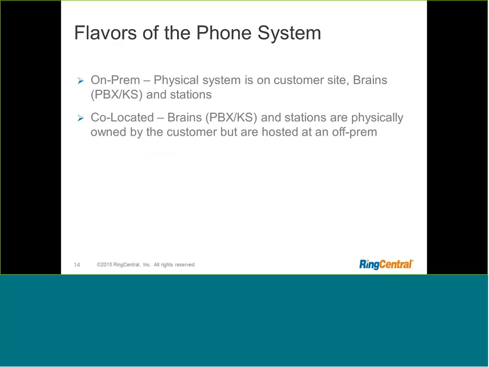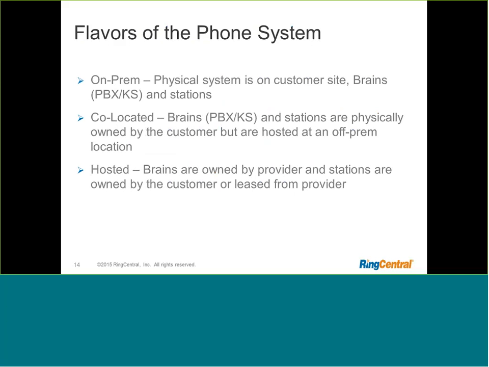So when you look at the on-prem setup, it's a physical system that's on customer site. So they have their phone closet, has a lot of wires, it's a little scary. Your customers don't want to mess with it. They want to just stay away from that because they don't know how to manage it. So a lot of the stations are physically owned by the customer but are also hosted at an off-prem location. So again, it just makes it difficult for your clients. They still have their phone closet or it's hosted elsewhere.